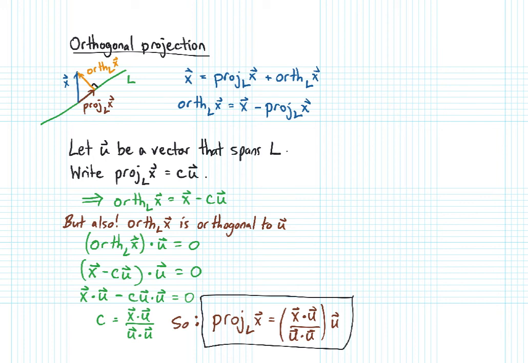So I bet many of you have seen this formula before in other classes because it comes up in a lot of applications. For example, in physics, you might have a force that points in one direction, but then an object that's constrained to move in another direction. So if you want to know how the force is actually contributing to the motion of the object, you would take the orthogonal projection of the force onto the direction of motion.